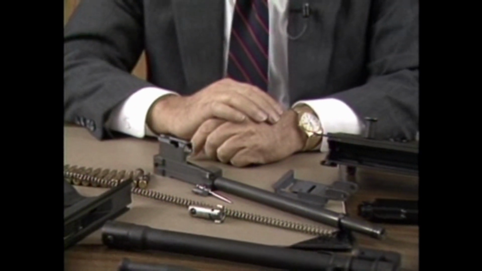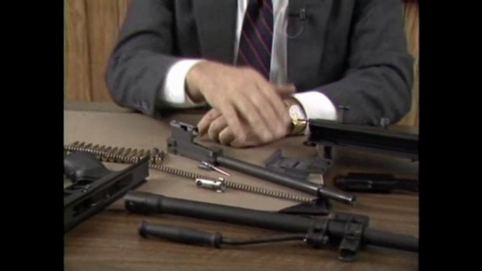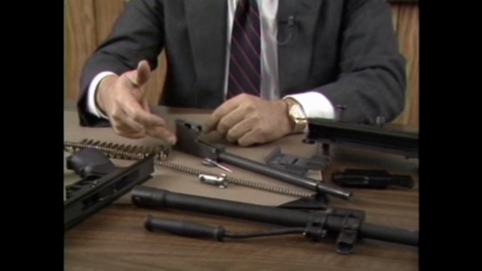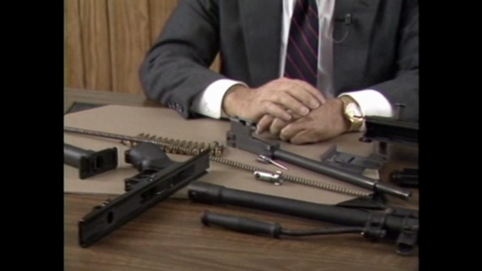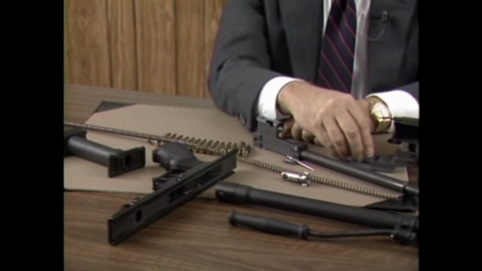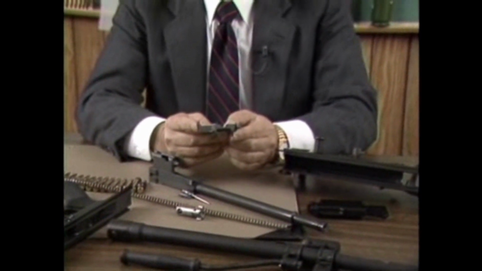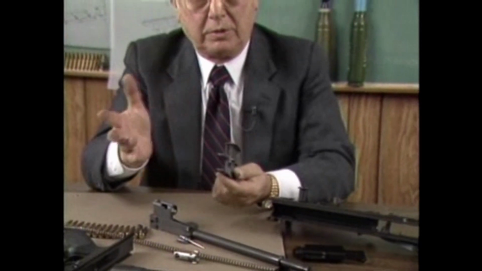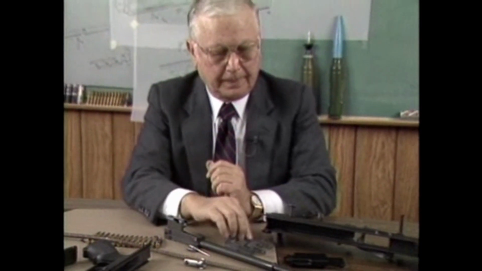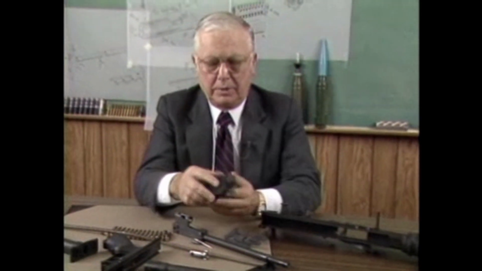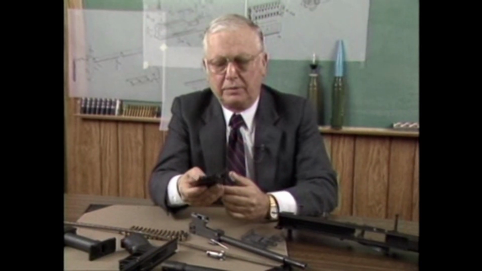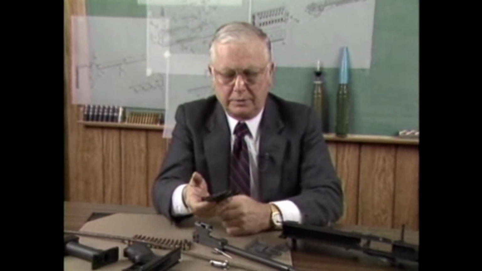And the other parts are basically castings that require very little machining on them. They're basically cast to shape and then maybe holes reamed out or whatever. This housing here, this feed cover, is an NC part also.